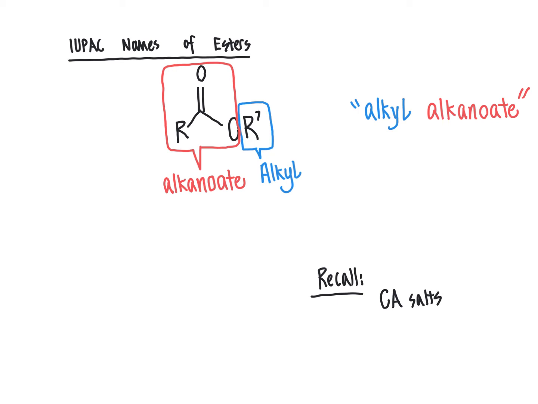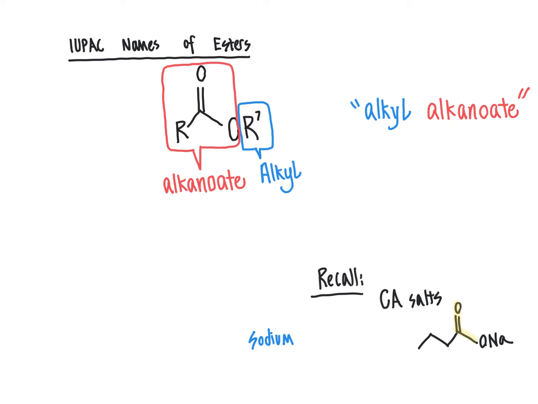So for example, this generic example structure that I have shown here was referred to as a carboxylic acid salt because we have an oxygen anion directly bonded to a sodium cation, and we named this particular molecule as sodium, indicating the cation, and then alkanoate referred to the carbon chain here that included the carbonyl.